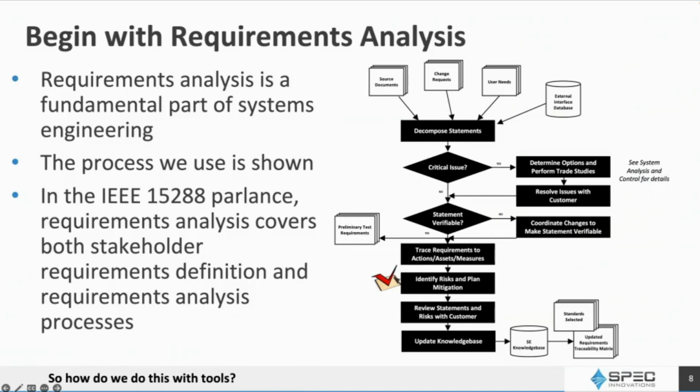And again, it may not be a well-formed requirement, so you're going to turn it into a requirement. And as you're doing that analysis, you're going to probably identify issues with it. And those issues may even have you spin off and create trade studies. Those trade studies, then any kind of issue resolution you should do with your customer.